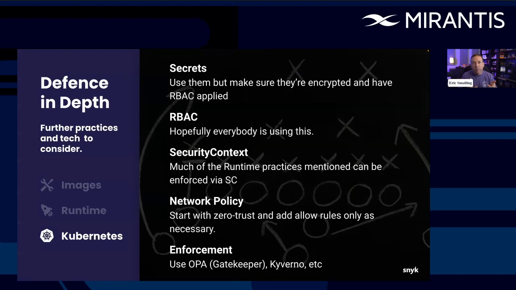I'm a big fan of the deny all, zero trust kind of pattern where you basically say nobody can talk to anybody in the namespace I'm deploying this into, except for this allow list. I want my front end application to talk to my back end application, and it uses tags for that, right? These tags can talk to these tags.